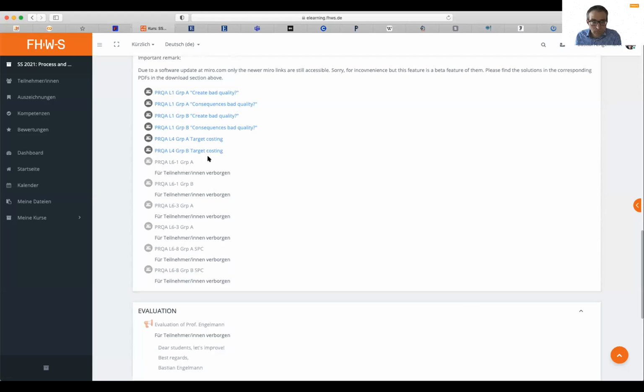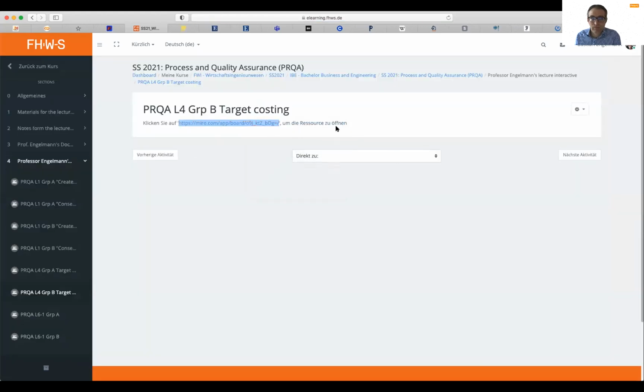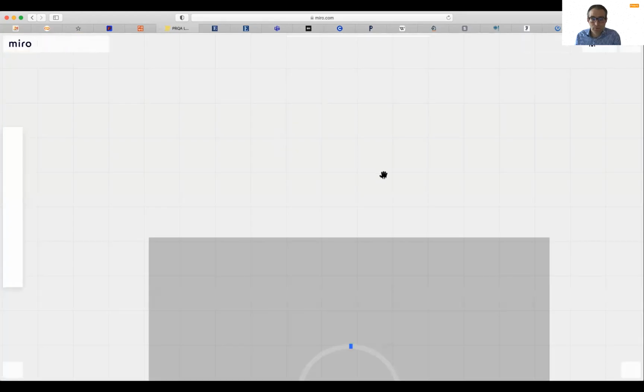Important is that you are group B. So when you are logged into e-learning, just a second. Here you see the two links. You would click here on group B. And then here is the Miro board.